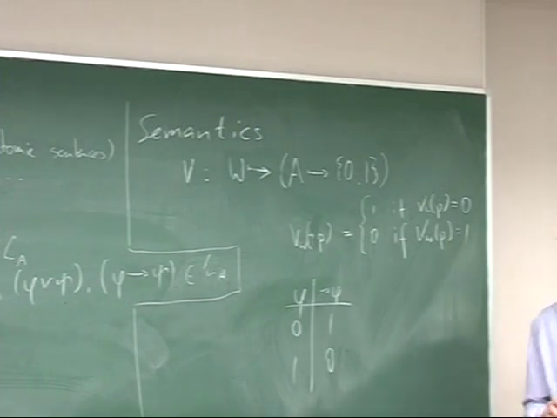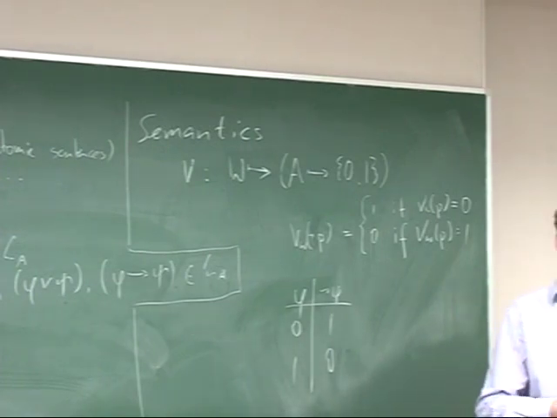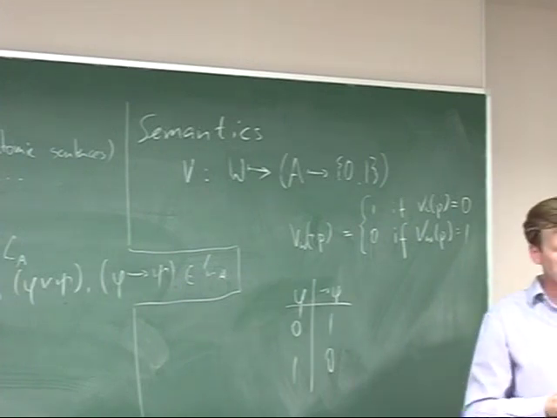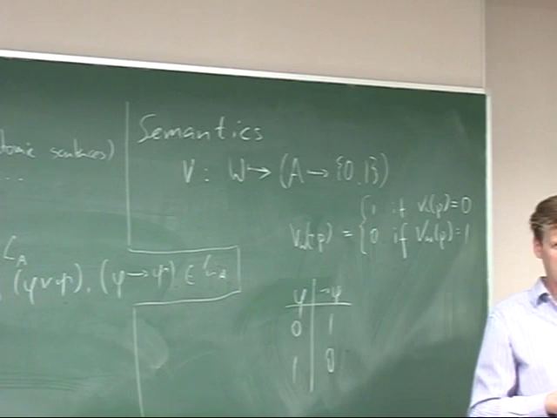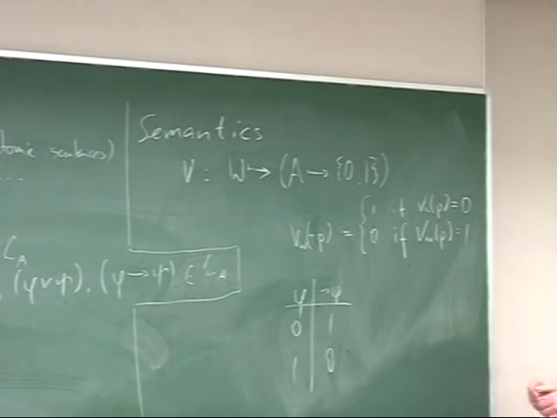So the conjunction is true if both constituents are true. The disjunction is true if at least one is true, and so on. And since you have all seen this, I think we can move on. Is it okay? Yeah, so this is an alternative format for saying the same thing. Okay.